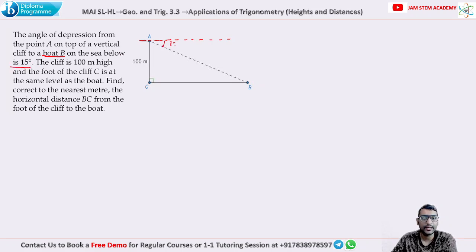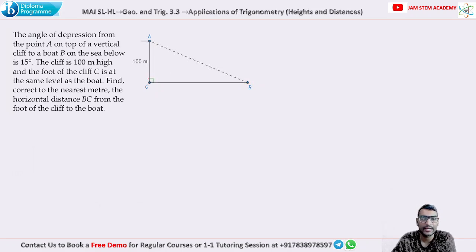So this angle is given as 15 degrees. Now the cliff is 100 meters high. AC is the cliff, and C is the foot of the cliff, as you can see in the diagram. So it's a right angle triangle here. It says find, correct to the nearest meter, the horizontal distance BC from the foot of the cliff to the boat. This distance, we are looking for the BC distance.